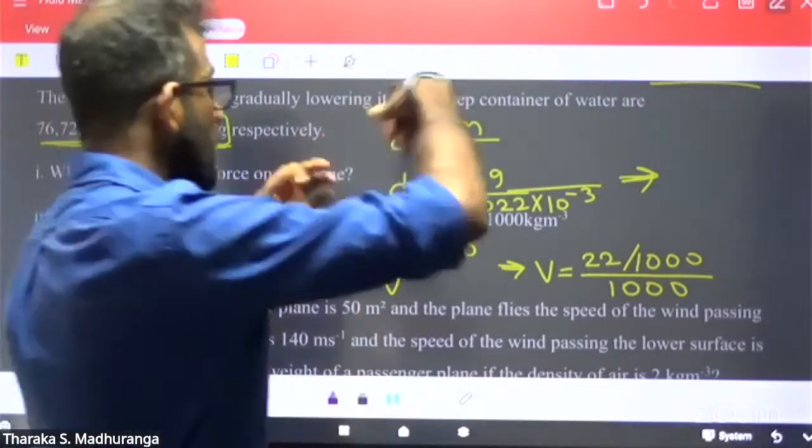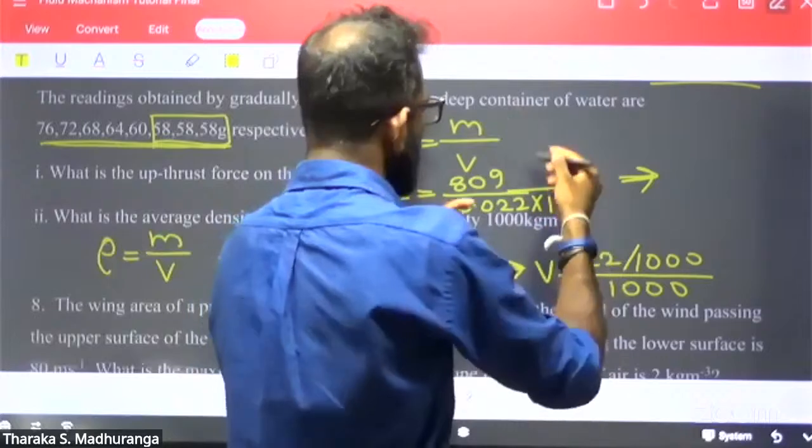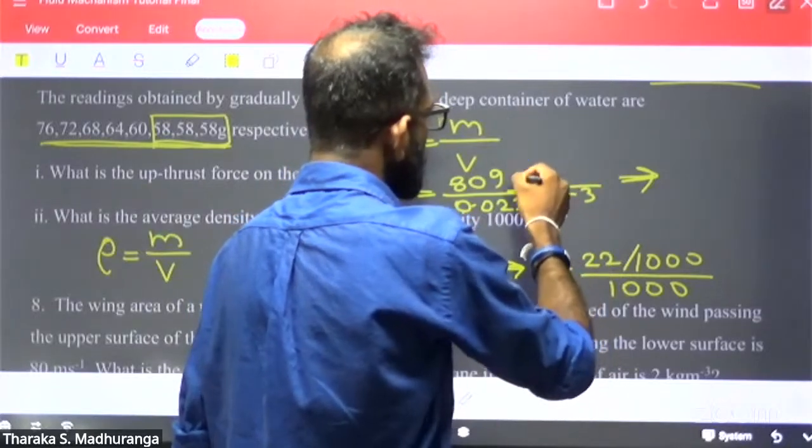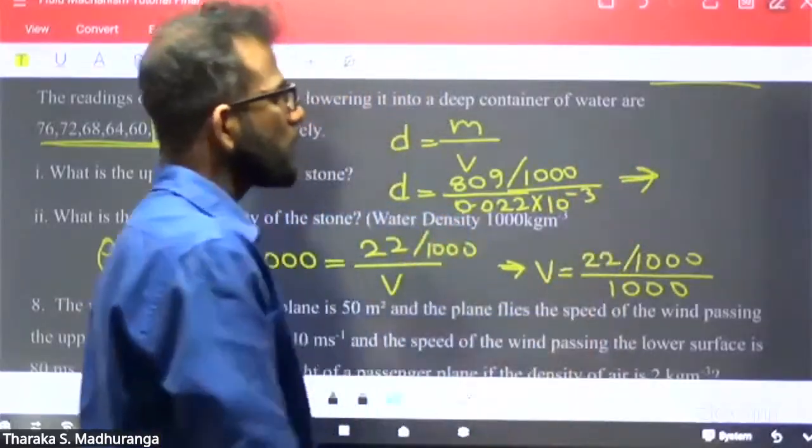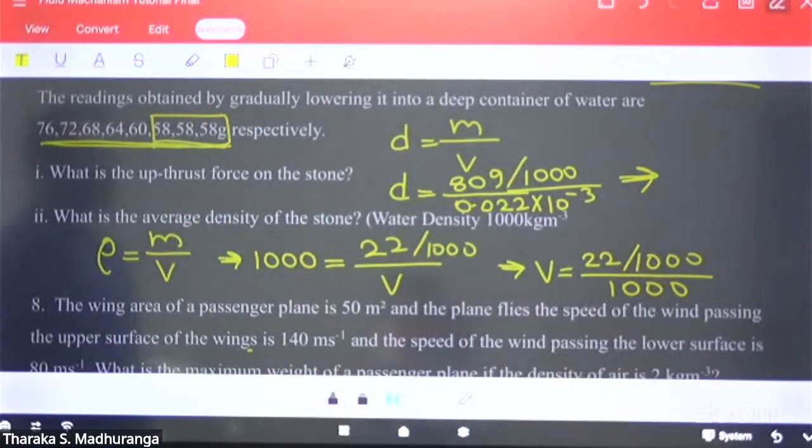Sorry, it is 80 gram. Then again, gram also you need to convert into kilogram. Otherwise, it's not coming in standard unit. Okay, get the value. 80 over 1000.